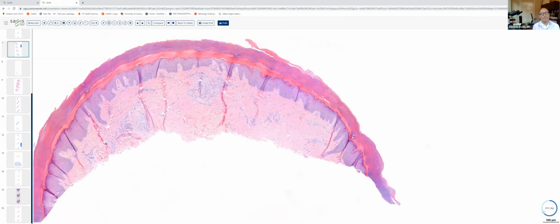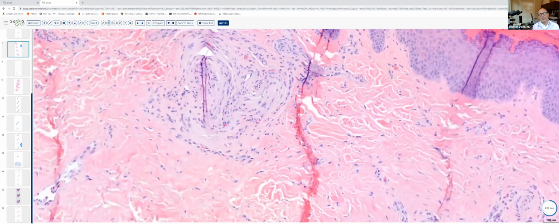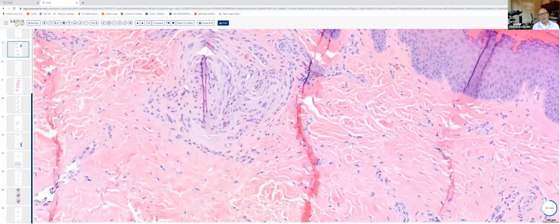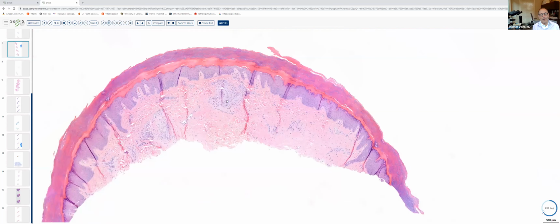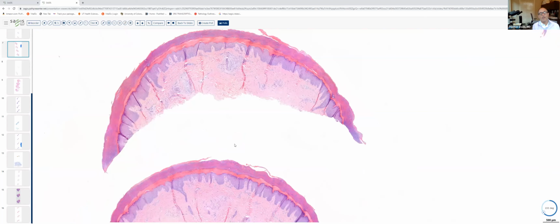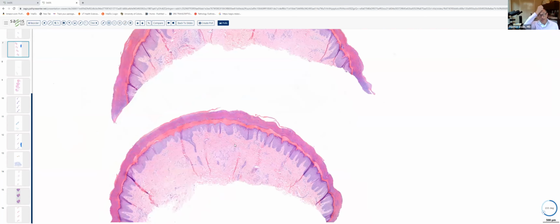I'm moving up to the top piece because I think you can appreciate the onion skin-like whirling of the cells in this particular case. Cutaneous perineuriomas are probably more common than most people realize. They're usually 5 millimeters or less in size, flesh-colored, and I think a lot of times the clinical appearance is that of a benign lesion, so they're not biopsied all that often.